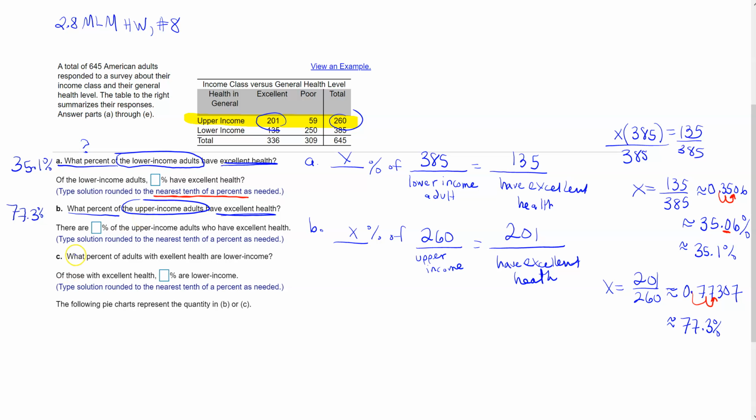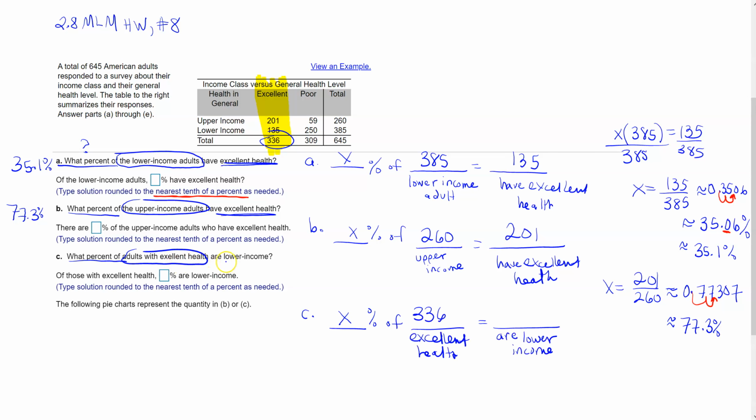And then there's one more here. Part C wants to know what percent of what? So what percent of adults with excellent health? So now we're just focusing in on this column. These are all the adults with excellent health. Some of them have upper income status, some of them have lower income, but there's 336 total. And then from all of those with excellent health, we're only considering lower income.